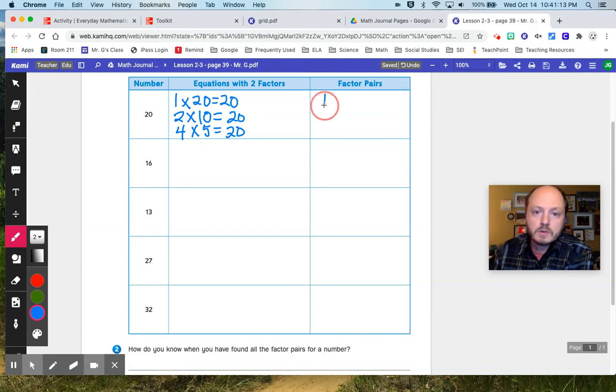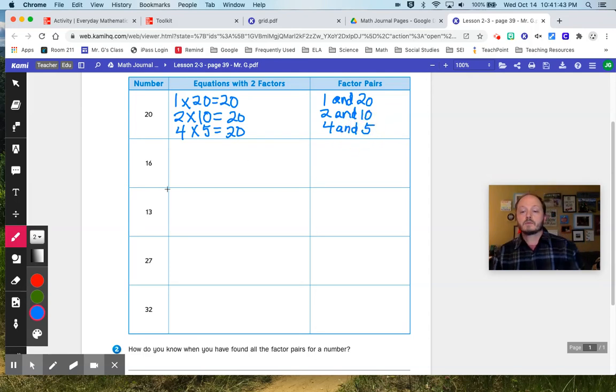So our pairs, we're going to say 1 and, oh boy, that's a tough one, 20, 2 and 10, and 4 and 5. All right, so I'd like you to try the rest of these on your own.